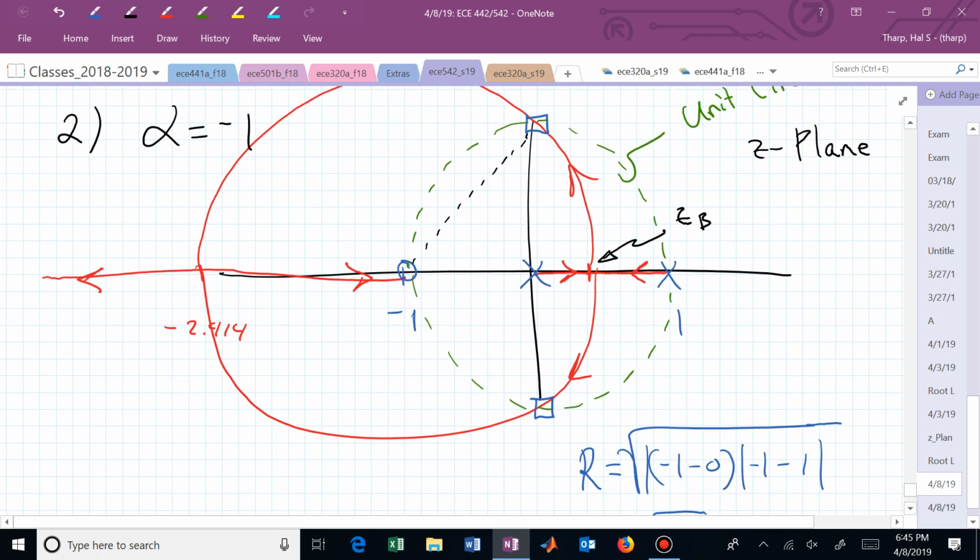Are there other values of alpha? I said there were 100. I've shown you 2. What are some other options for alpha as we play the credits to this exciting movie that you're watching?